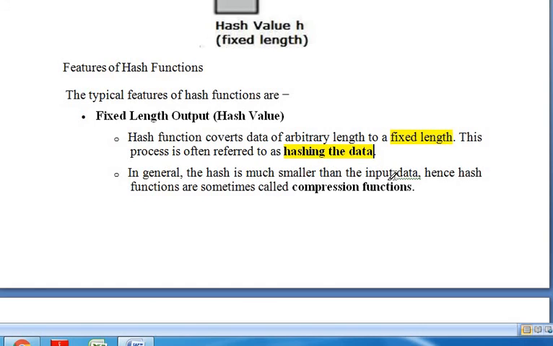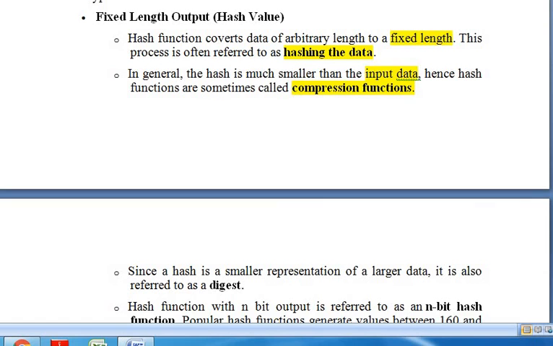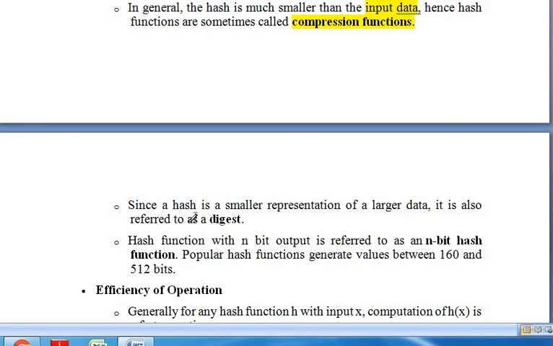The hash data is always smaller than the input data because it uses compression functions. Since the hash is a smaller representation of a larger data, it is referred to as a digest.